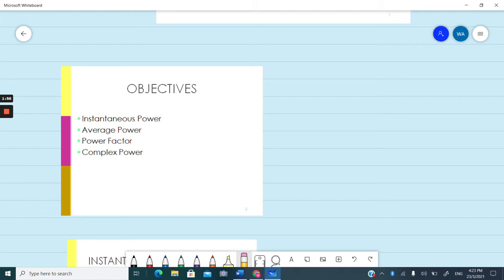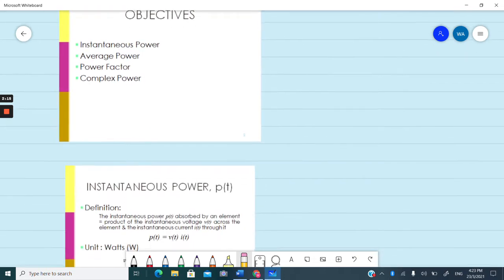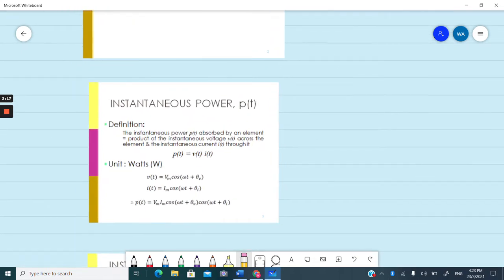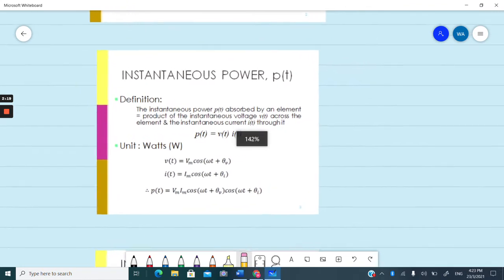Other measurements of power will involve the instantaneous power and the complex power, which includes the reactive power, apparent power, and also the power factor. Alright, let me begin with instantaneous power.